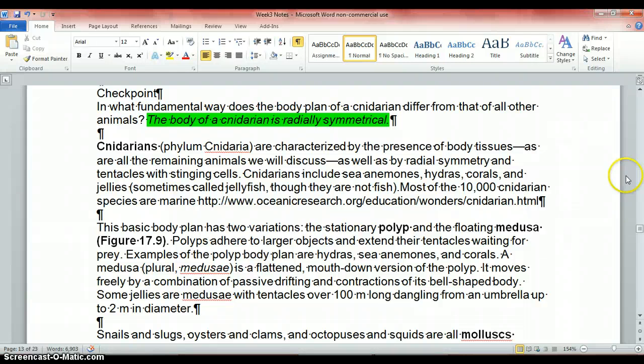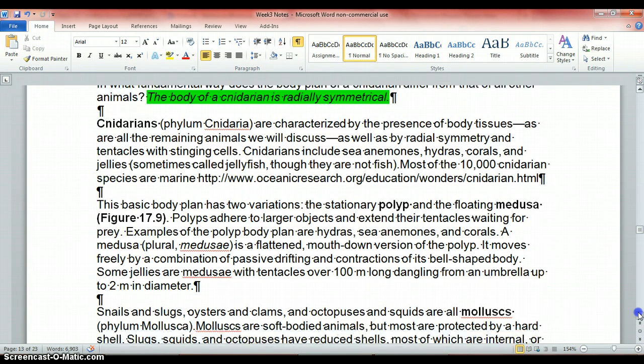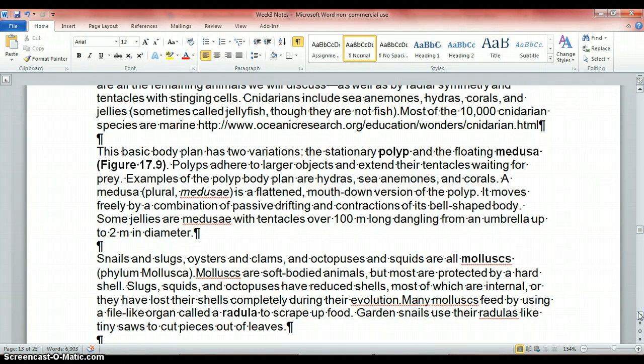The basic body plan has two variations: the standard polyp, where it kind of looks like a plant, and the floating medusa. Think of your typical floating jellyfish. That would be the medusa stage. Polyps adhere to larger objects and extend their tentacles waiting for prey. Examples of the polyp body plan are hydras, sea anemones, and corals.